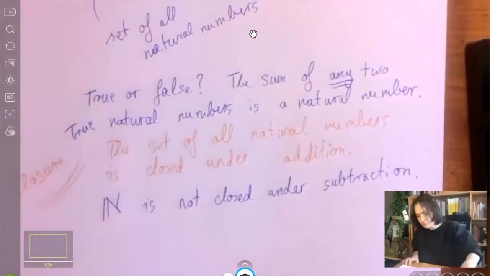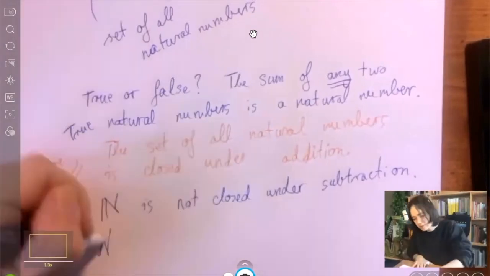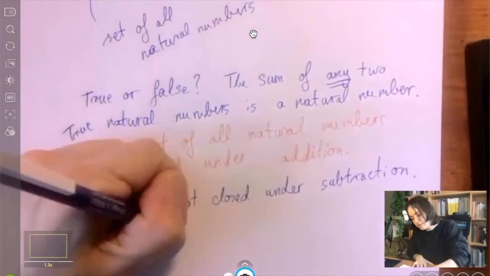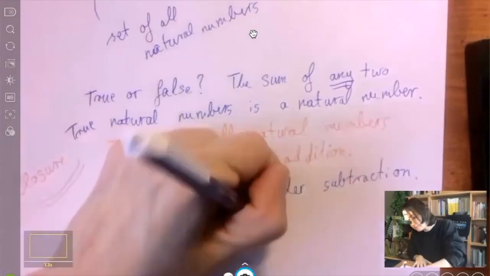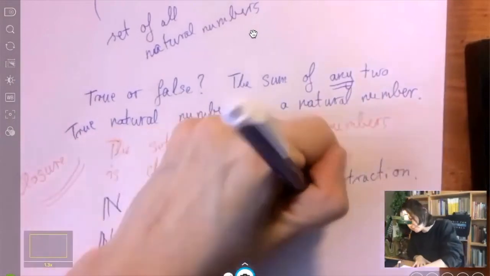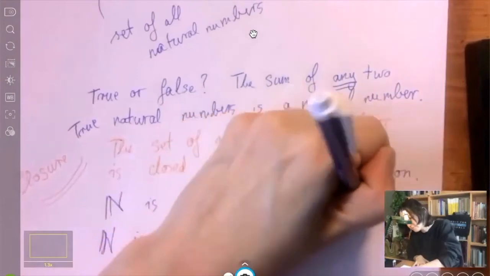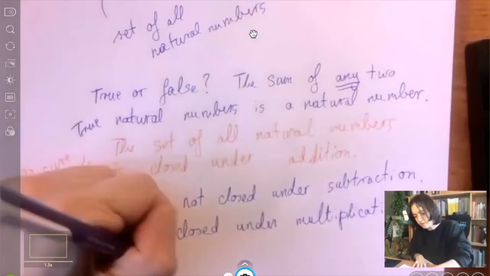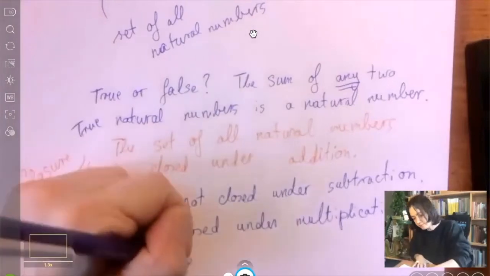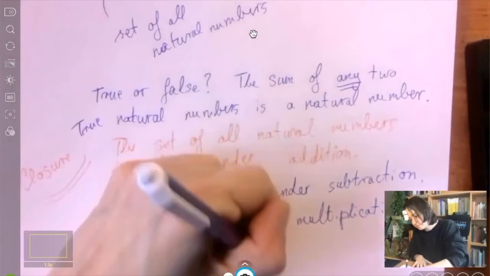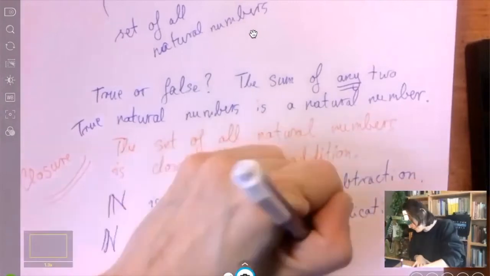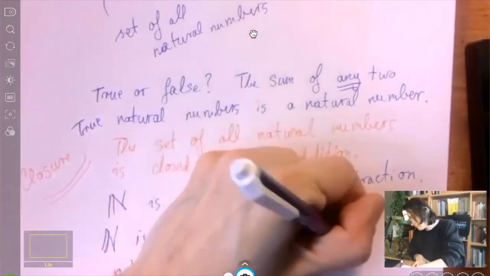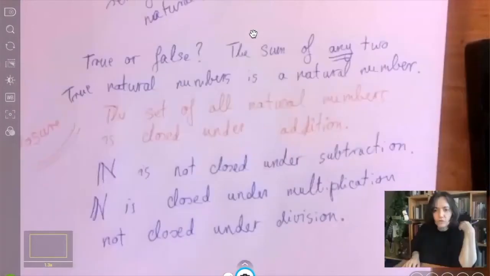So N is closed under multiplication, and not closed under division. And closure is a big motivator.